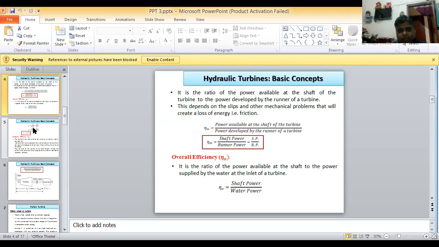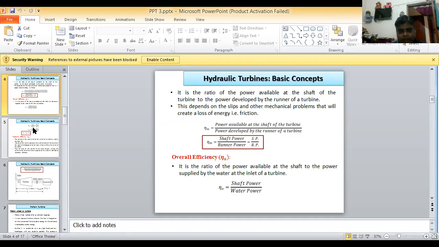This depends on the slips and other mechanical problems that will create a loss of energy, that is friction. ETM is equal to power available at the shaft of the turbine to the power developed by the runner of a turbine. That means ETM is equal to shaft power upon runner power.